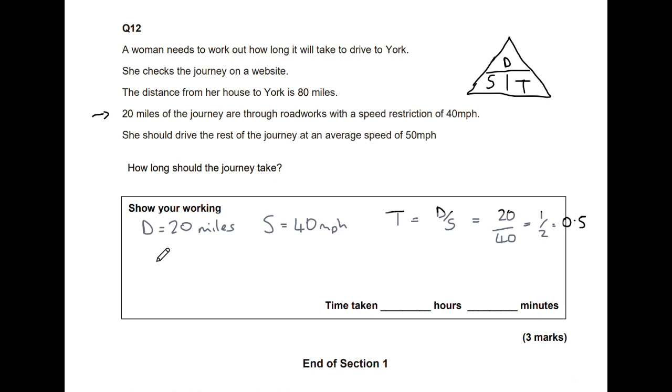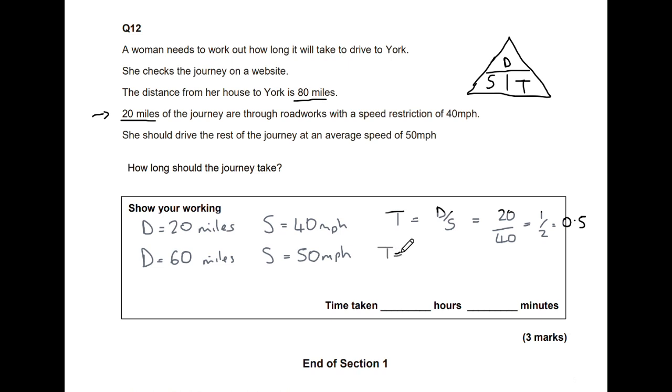Okay, and then we've got the rest of the journey. So there was 80, we've dealt with 20, so the distance is now 60 for the rest, and the speed is 50 miles per hour.